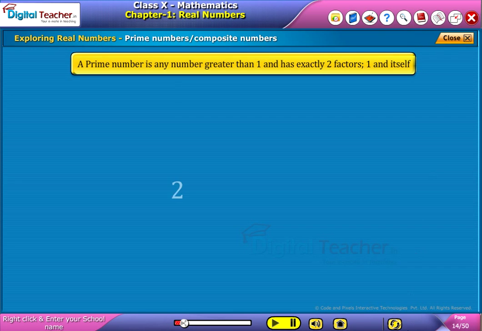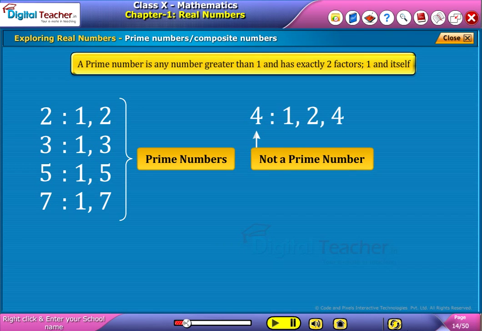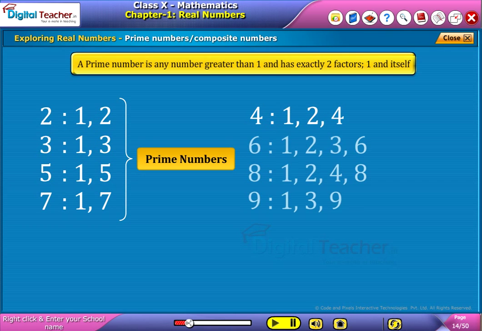Examples: 2, 3 are primes because they have exactly two factors, 1 and itself, as on the screen. But here 4 is not a prime because it has more than two factors, 1, 2 and 4. Examples are as shown on the screen.